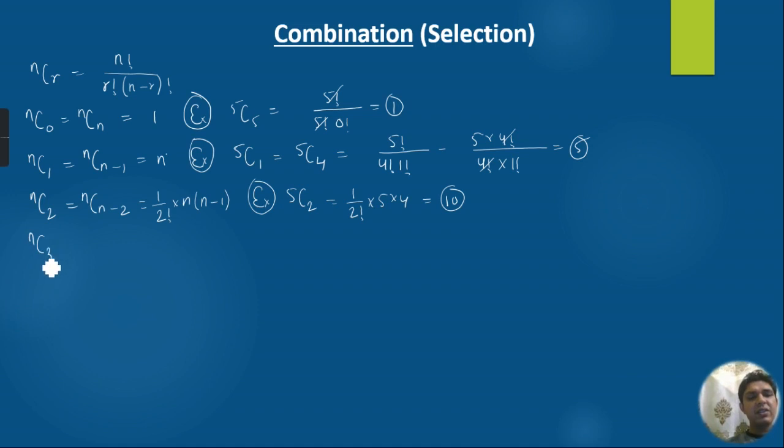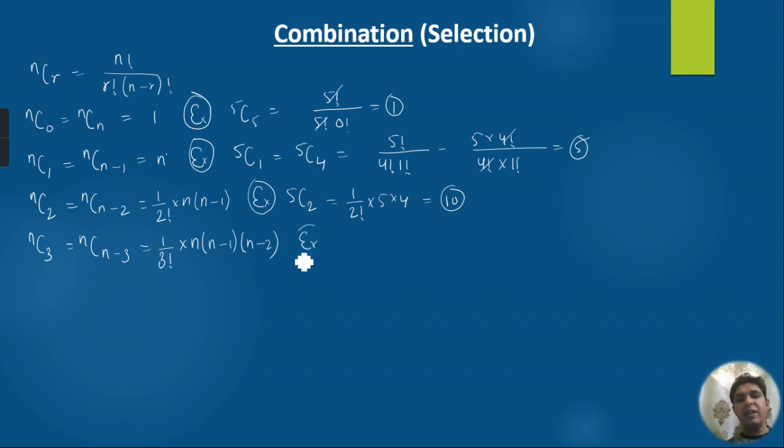Thereafter, selecting 3 things out of n is equal to selecting n minus 3 things out of n, and the formula is 1 by factorial 3 into n multiplied by n minus 1 multiplied by n minus 2.